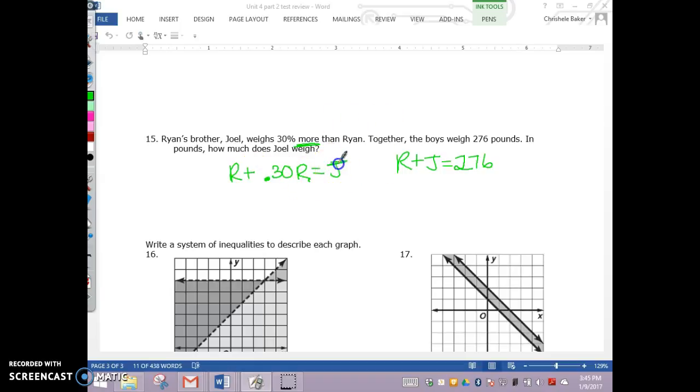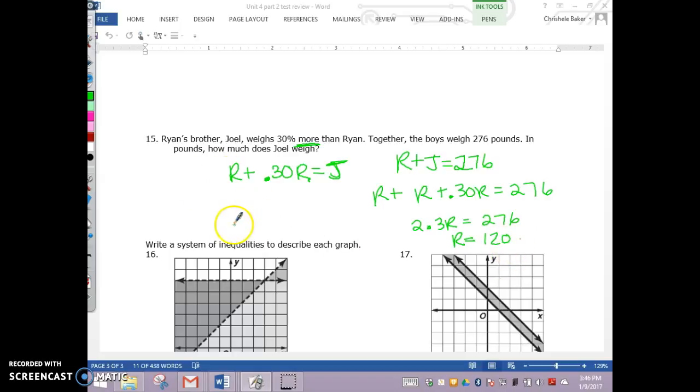Again, substitute, we know what Joel is equal to. So we have Ryan plus, now we're going to put Joel. And Joel is a Ryan plus 30% of a Ryan, and that actually equals 2.3 Ryans is 276. If you divide 276 by 2.3, you get that Ryan's 120.